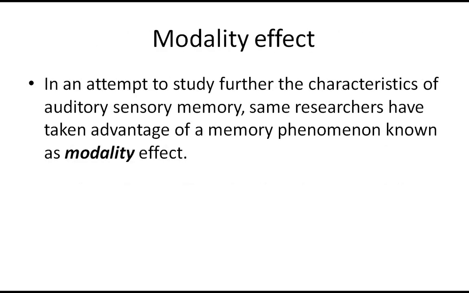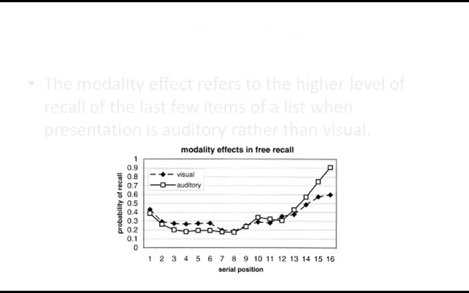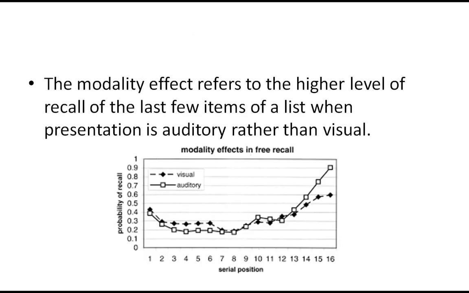Modality effect. In an attempt to study further the characteristics of auditory sensory memory, some researchers have taken advantage of a memory phenomenon known as the modality effect. The modality effect refers to the higher level of recall of the last few items of a list when presentation is auditory rather than visual.